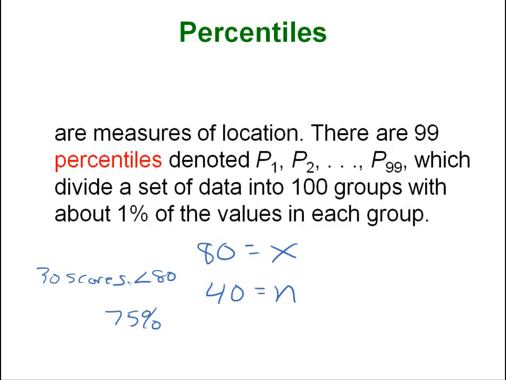So 75% of those data values are smaller than 80. And that's all a percentile is. It tells you the percentage of your data set that is smaller than your value. And it's strictly smaller than. It won't count the things that are equal to 80.